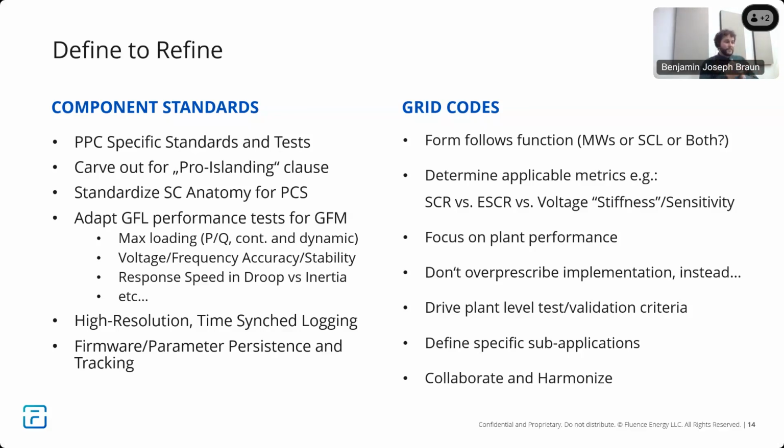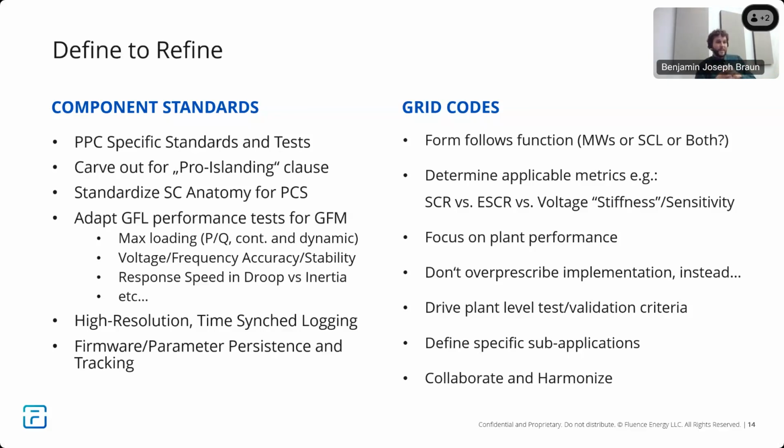We have the Anlagenzertifikat in Germany, the Einheitszertifikat Anlage, EZA, specifically for plant controls. Some other countries also have plant control specific requirements. We need to look at pro-islanding clauses. It's a sensitive subject, of course.